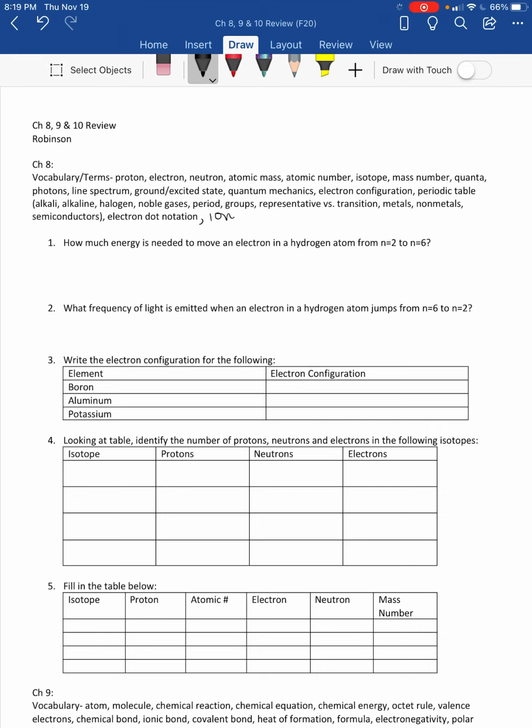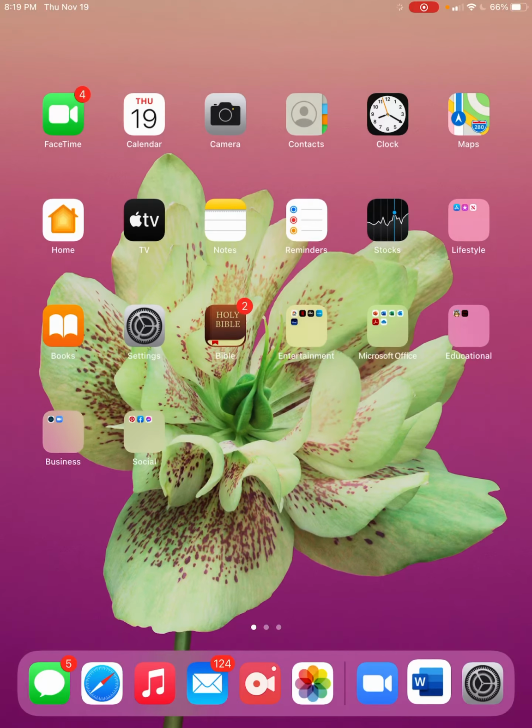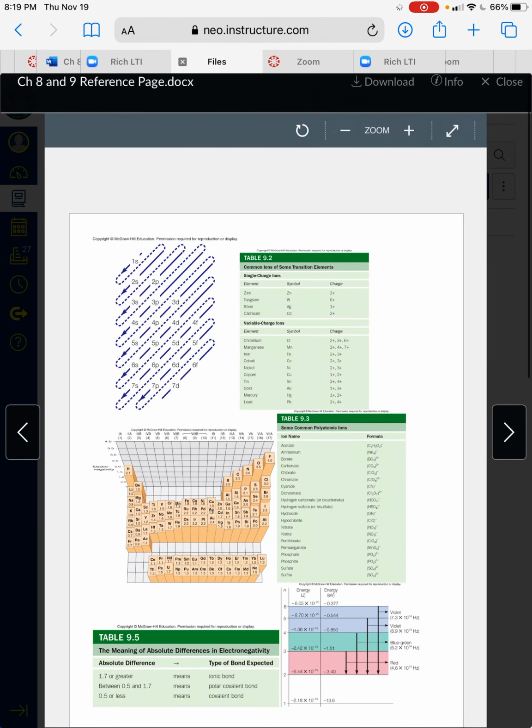All right. So number 1 says, how much energy is needed to move an electron in a hydrogen atom from n equals 2 to n equals 6. Unfortunately I don't have all of these equations with me, but I do have the reference page, which I just downloaded.